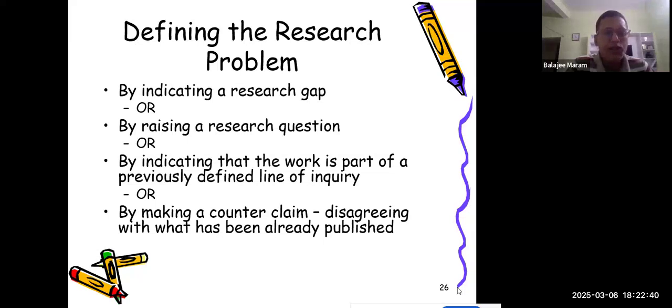Okay. Second one, by raising a research question. Sometimes we can raise different types of doubts or questions related to those limitations. Or by indicating that the work is part of a previously defined line of inquiry, which I already told about limitations.